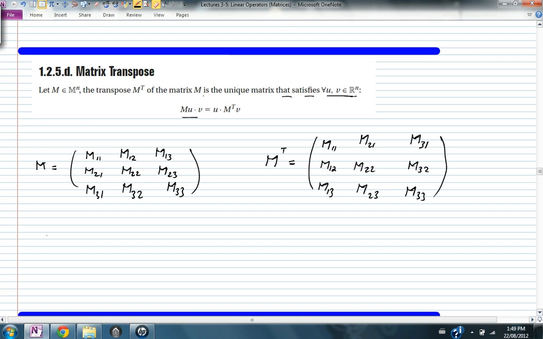And you need to verify that both definitions are equivalent. Now, in many cases, I'm going to use this more abstract definition because it makes some proofs much easier without having to resort to components.